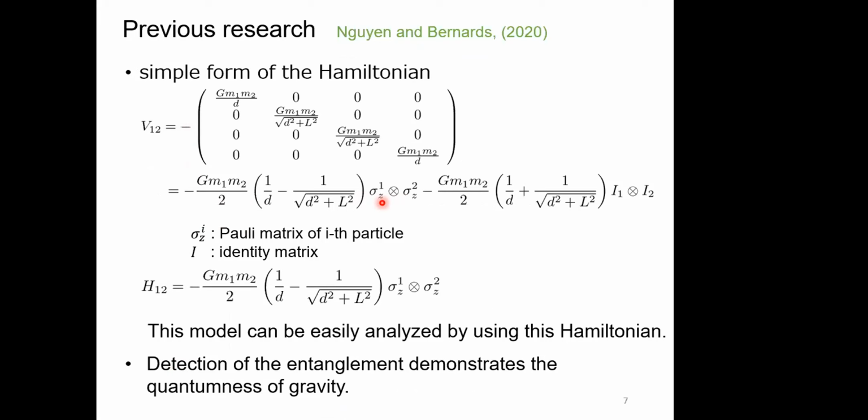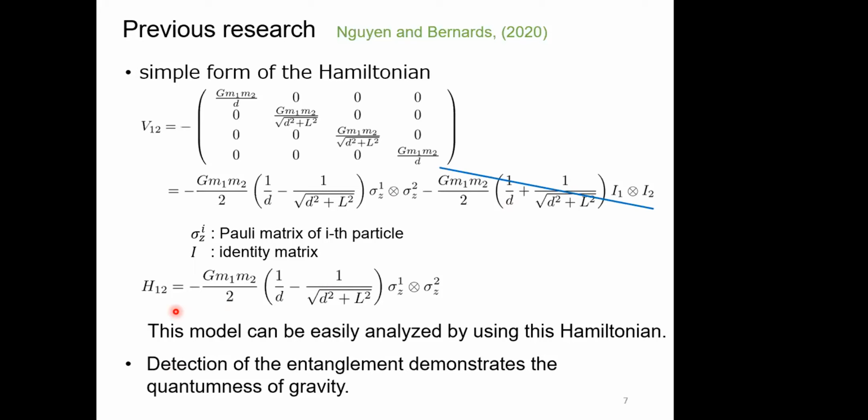Here, the second term is a phase term of the total system, so it does not affect the entanglement between the two particles. Therefore, only the first term affects the entanglement, and hence we regard H12 as the Hamiltonian of the total system.